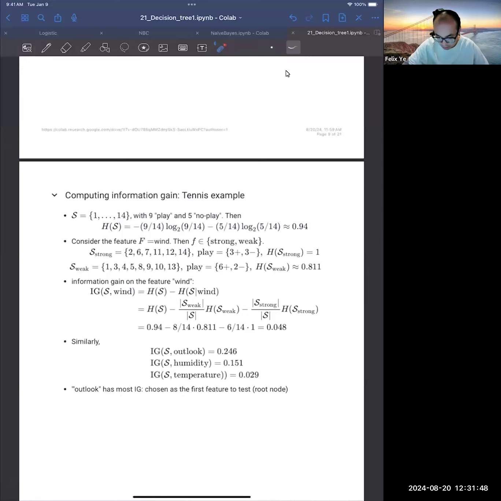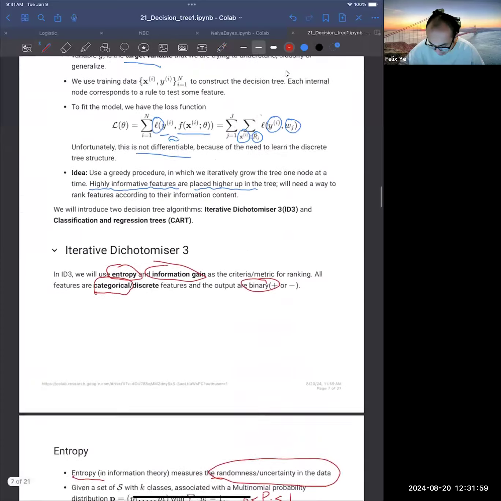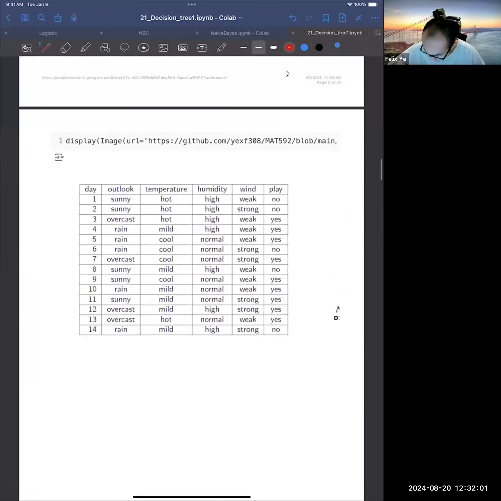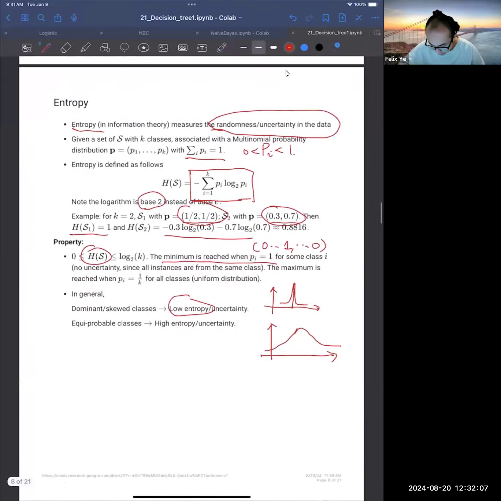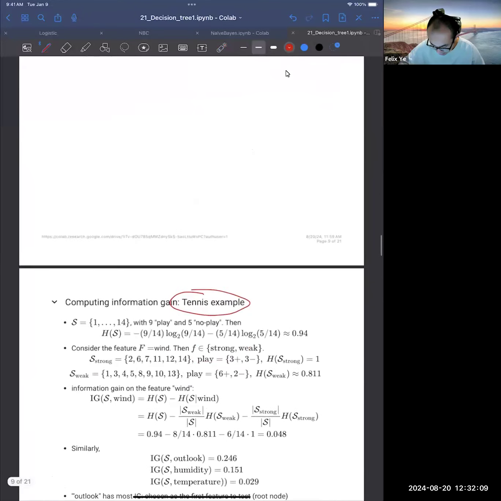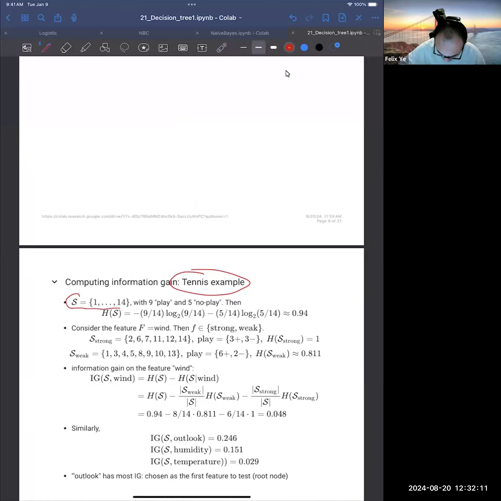For this tennis example, we should have 9 plays and 5 no plays, right? So we have 1, 2, 3, 4, 5. So 5 is no, and 9 is yes. S will be the days from 1 to 14.